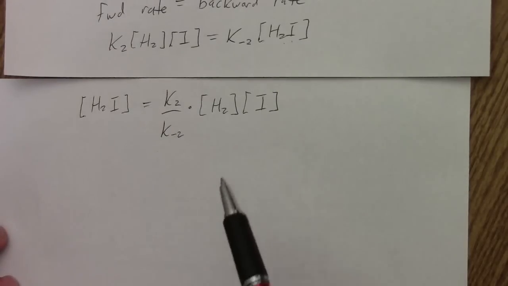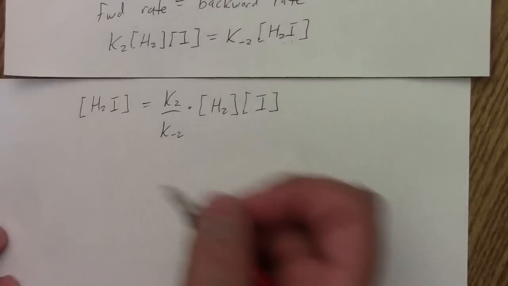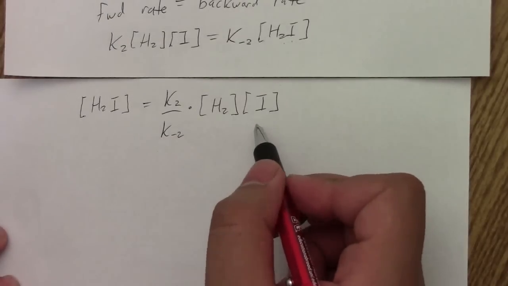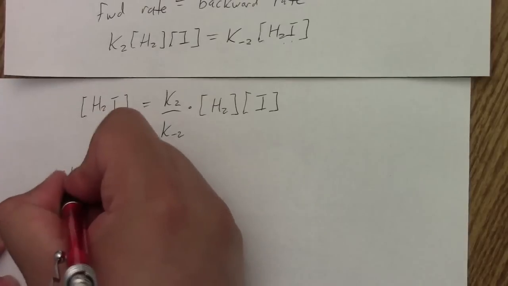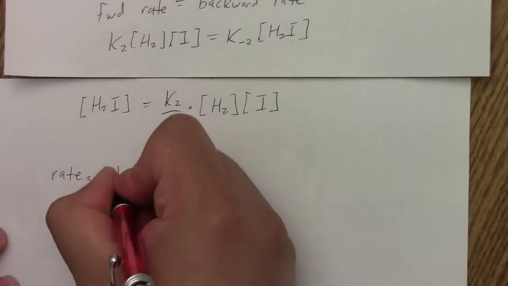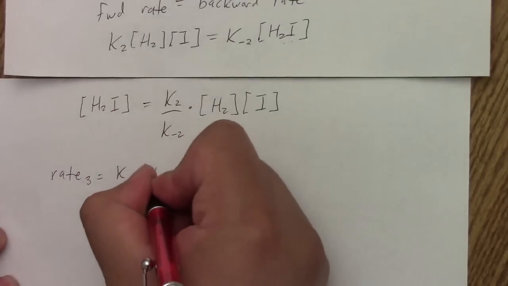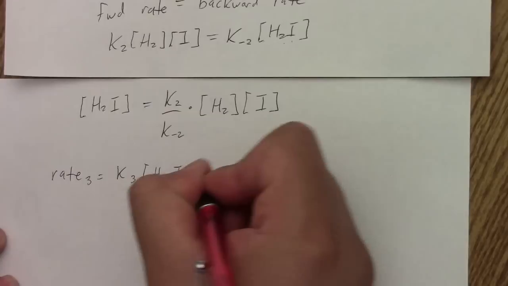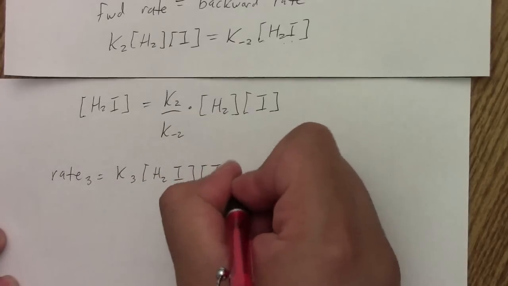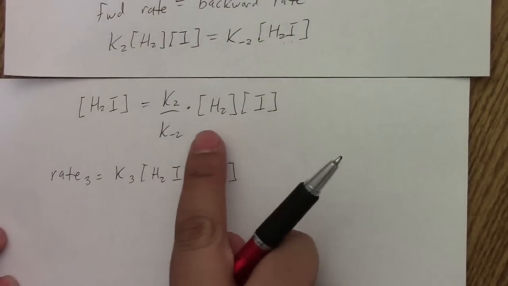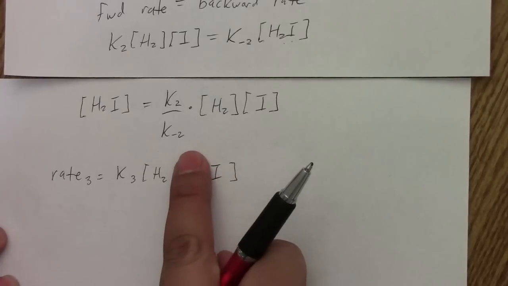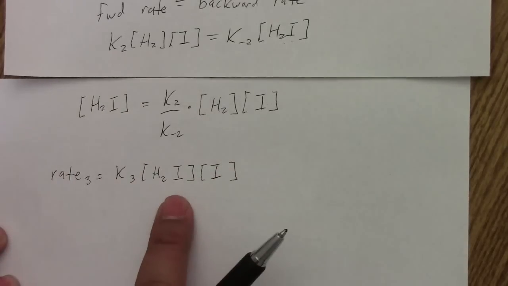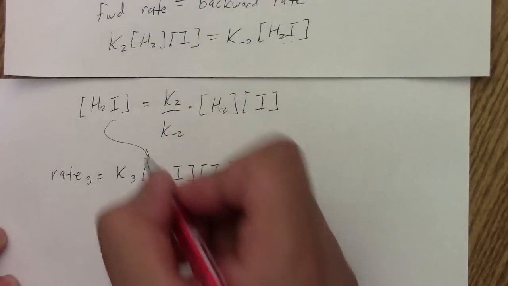So what we can go back and do is take our rate 3 and substitute this in. We found earlier that rate 3 is equal to k3 times H2I times I. We can substitute this in, and we'll put it in there. So I'll make a little arrow.